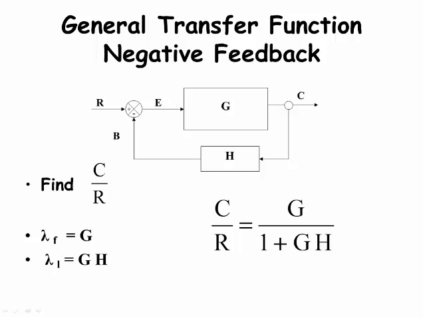Our task is to find the transfer function relating the output C to the input R. Using the single loop expression from the previous slide, where C over R equals lambda f over 1 plus lambda L, lambda f is the product of all the transfer functions in series between the input R and the output C. In this case, there is only one transfer function, function G. Lambda L is the product of all the transfer functions in the loop. In this case, there are two, G and H. So the result is G over 1 plus G times H.